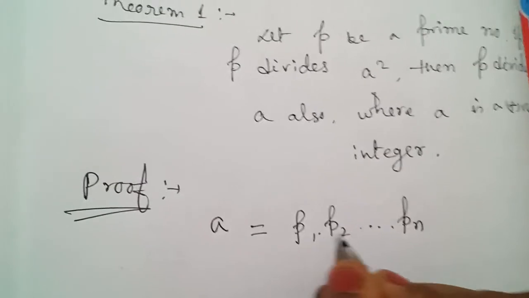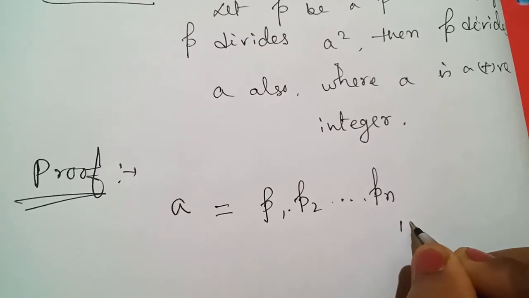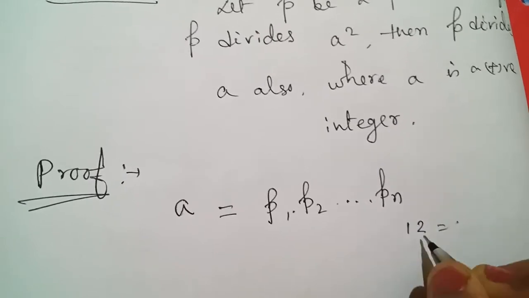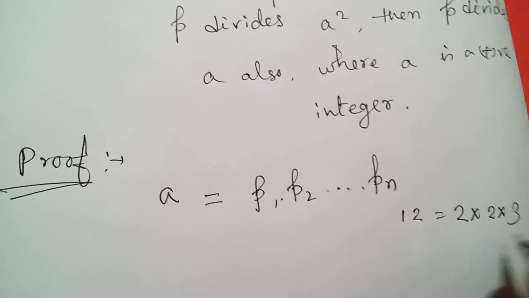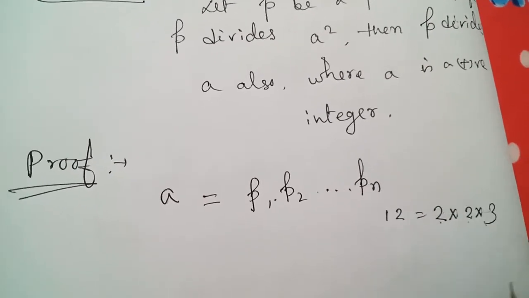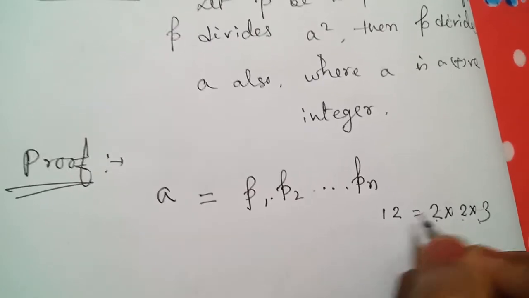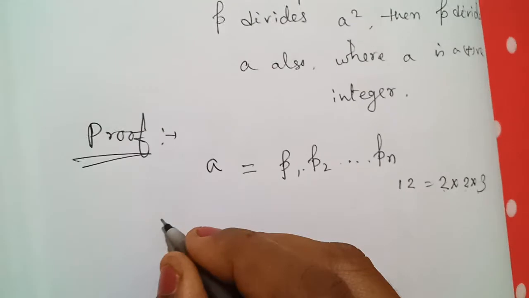Now suppose I am just giving 12. 12 means 2 into 2 into 3, so suppose these are P1, P2 and P3. That means they can be the same, they can be distinct, no problem.